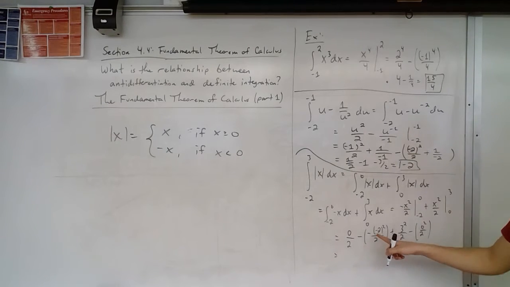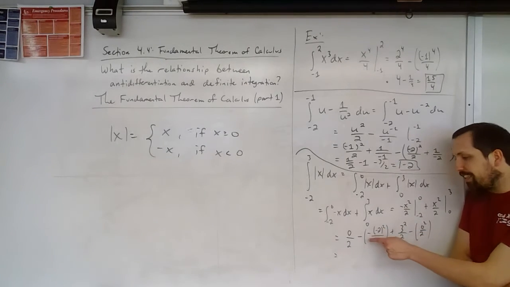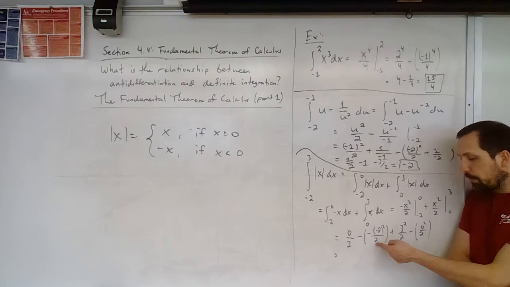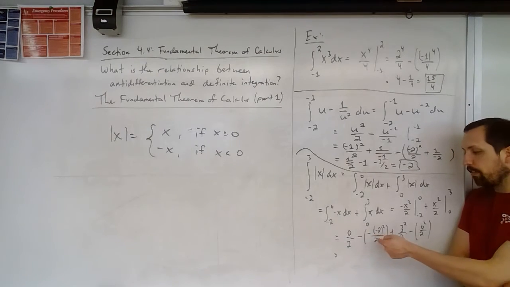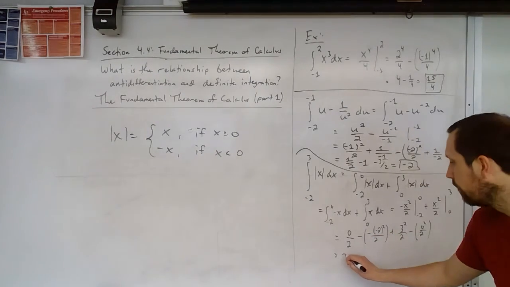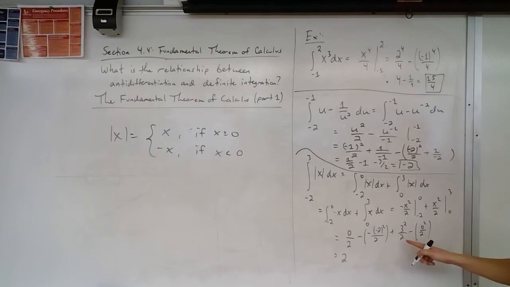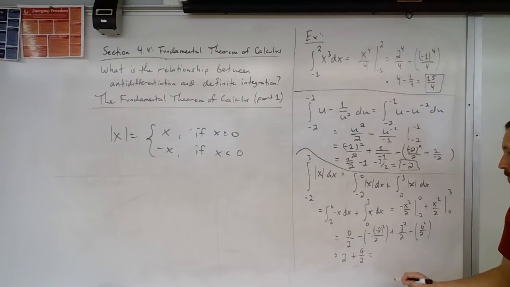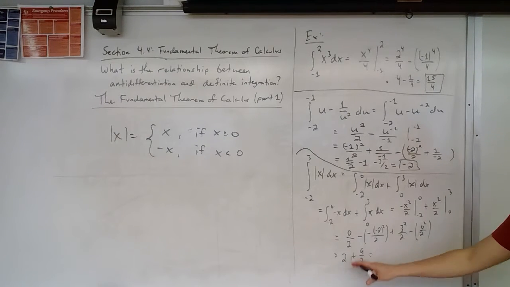So this is 0. -2 squared becomes 4. Negative that becomes -4. Divide that by 2, I get -2, but I have a negative of a negative, so that becomes a positive 2. And then this one, I have 9 over 2 minus 0, so I have plus 9 over 2.